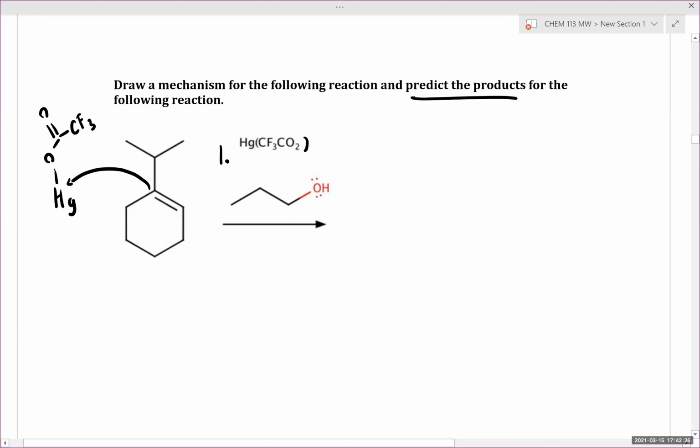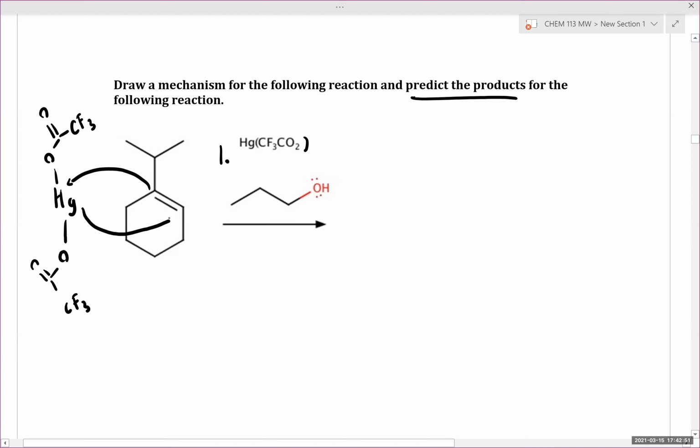Okay, and what happens during this process? So our pi bond attacks our electrophilic mercury atom. And what happens as part of this concerted first step? Wouldn't there be also an arrow from Hg to the alkene?